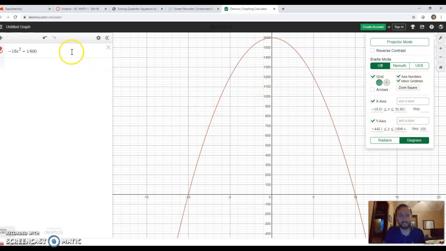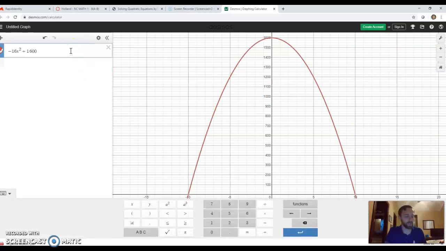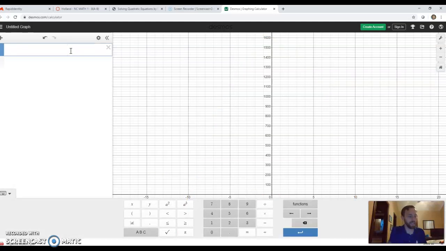In this situation, I'm going to delete the function that I have and graph number 2. Number 2 is going to look like this. I'm typing this in using my keyboard, and I'm going to use x here instead of t.